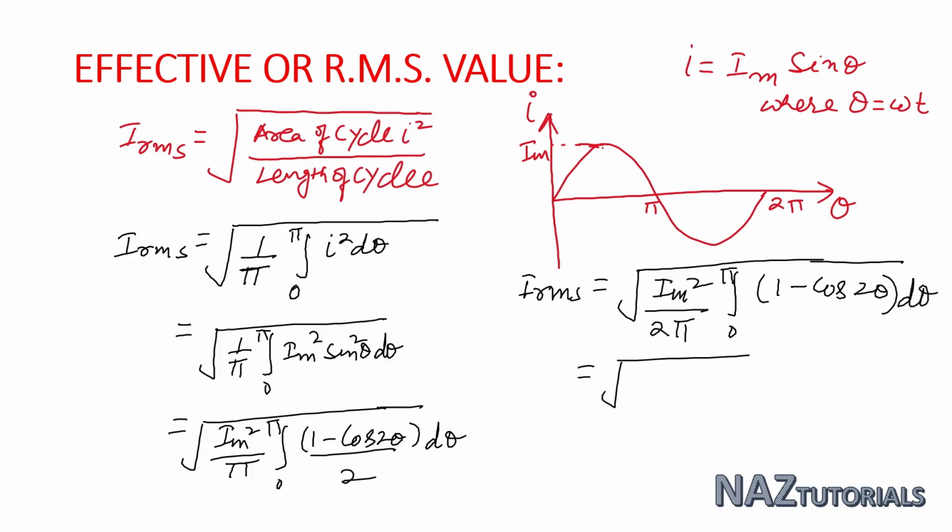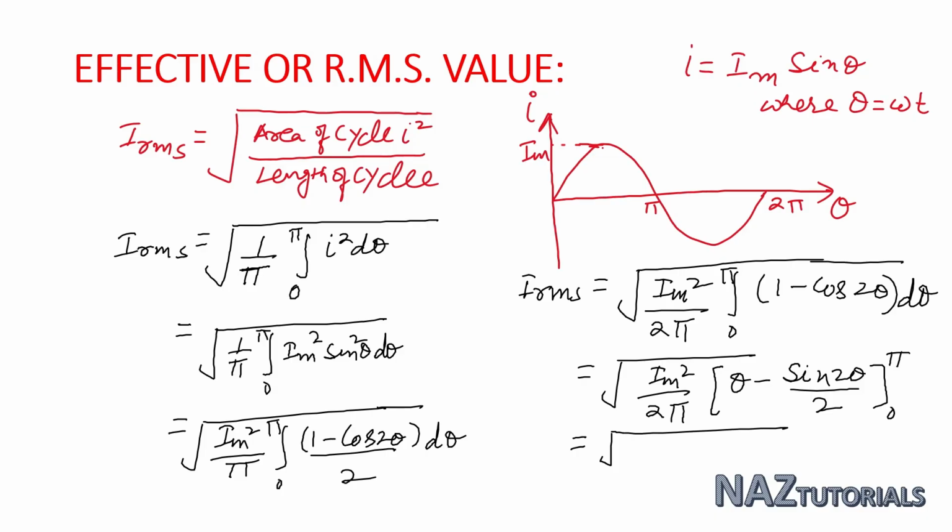Integration of 1 is theta and integration of cos 2 theta is sine 2 theta divided by 2 for the duration of pi.